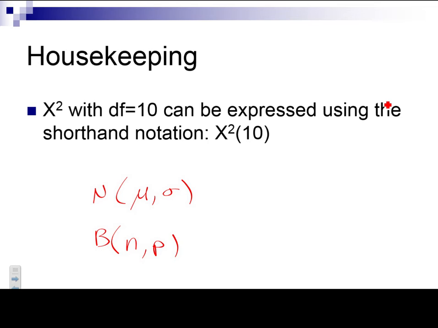If we're working with a chi-square distribution, you can just do this. That's all you need to describe the entire distribution: chi-square and the degrees of freedom. So that's the shorthand, chi-square and degrees of freedom. Questions on how to describe the distribution in chi-square?